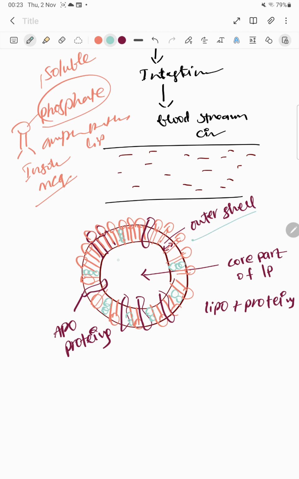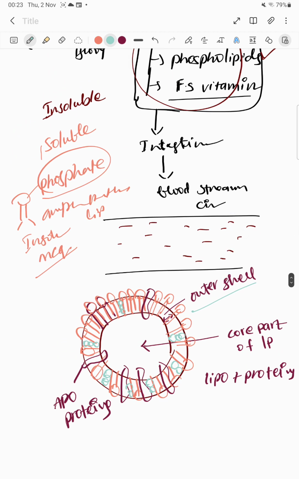So now see here, the inner neutral core is loaded by all these: triacylglycerol, TAG, cholesterol, and again phospholipids, fat soluble vitamins. All these are now loaded onto the lipoprotein, LP.